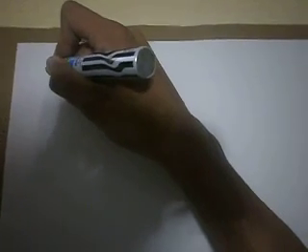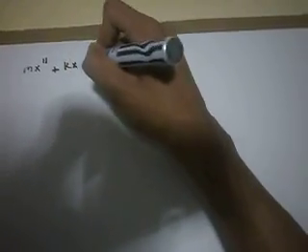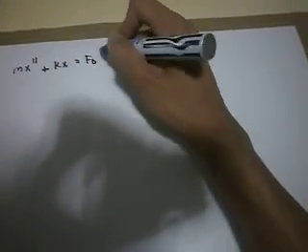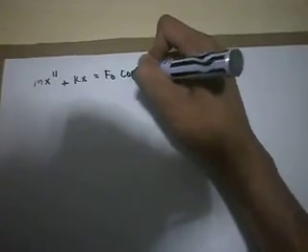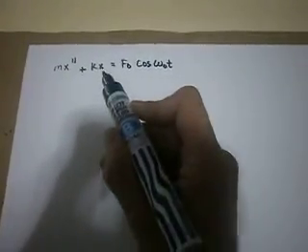Okay, so let's start solving this problem. We have here this equation: m x double prime plus k x is equal to F_0 cosine of omega_0 t. That is our equation.